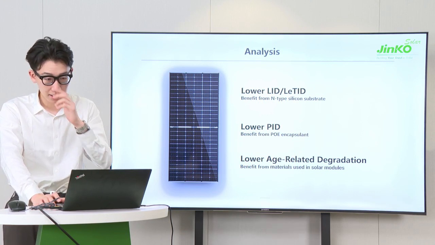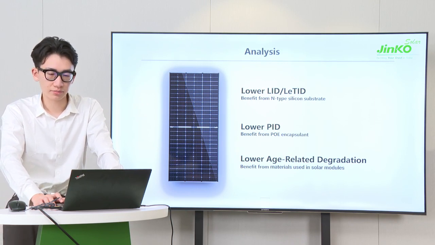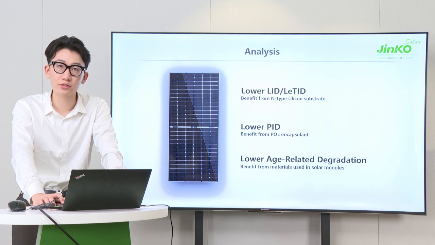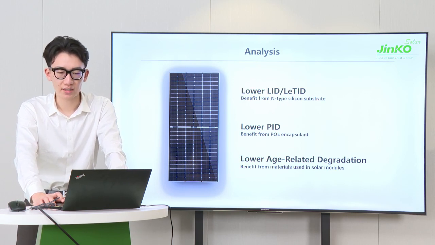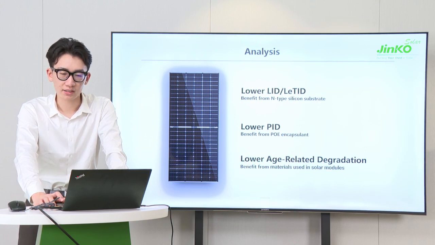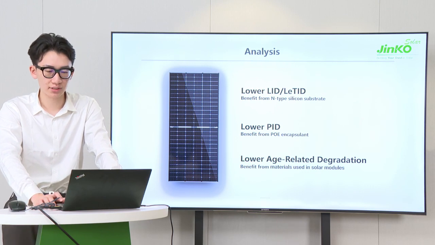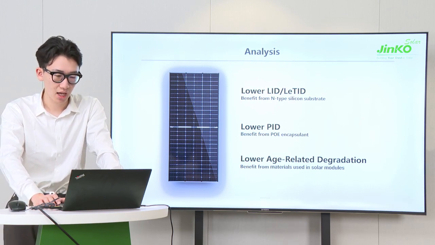While the exact mechanism behind LETID is still being studied, it is believed to be related to the formation of defects due to the presence of certain impurities in the crystal lattice of the cell. N-type cells generally have a higher resistance to these impurities, resulting in lower LETID compared to P-type cells.